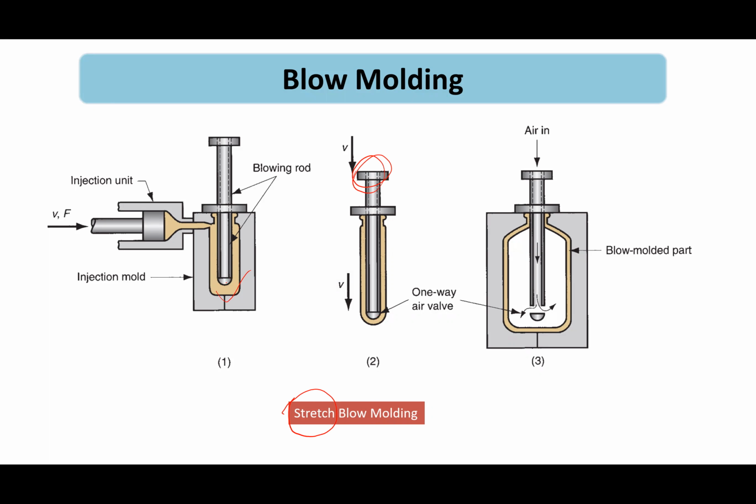For example, in this case, the barrel is up to this point, but the barrel is pushed to elongate the material, to elongate the parison. The parison is elongated, and then you apply the pressure. The benefit of this process is that it takes less time, less air pressure, and at the same time uniform distribution of the material. So it's much better compared to the previous one to obtain better composition and better thickness of the material.